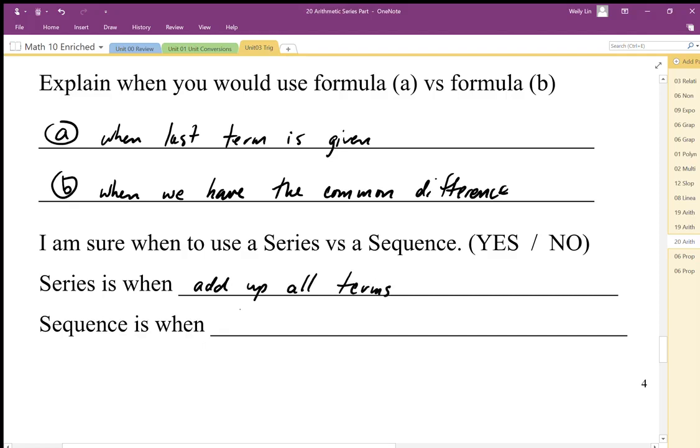A sequence is when we have a list of individual terms. And it's important to recognize when we're being asked for the sum of the sequence versus the sequence.